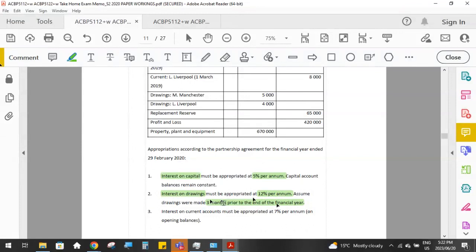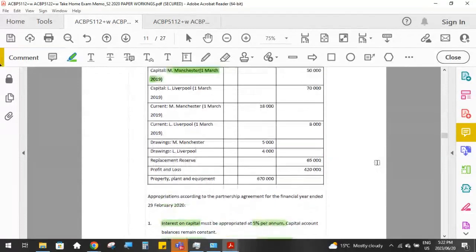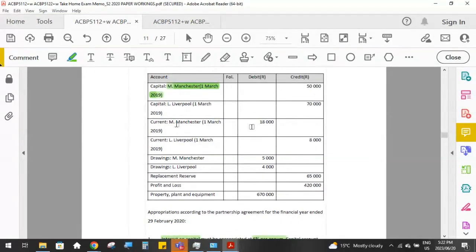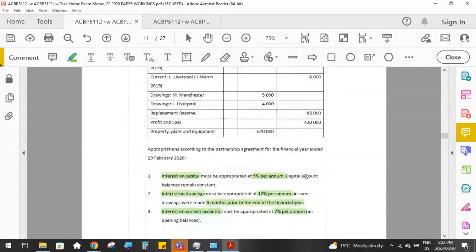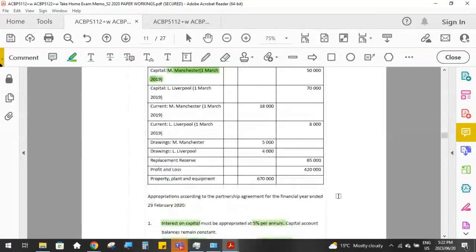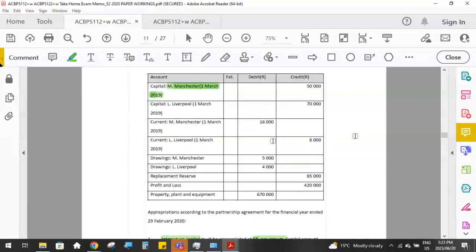And then lastly, interest on current accounts must be appropriated at 7% per annum, and this is on opening balances. So in other words, these current account balances as they were at the beginning of the year, we're going to use those balances to calculate interest on current account. And if you have a look at these current accounts, you'll see that for Mr. Manchester, that balance is a debit, which means that he actually owes the partnership that money.